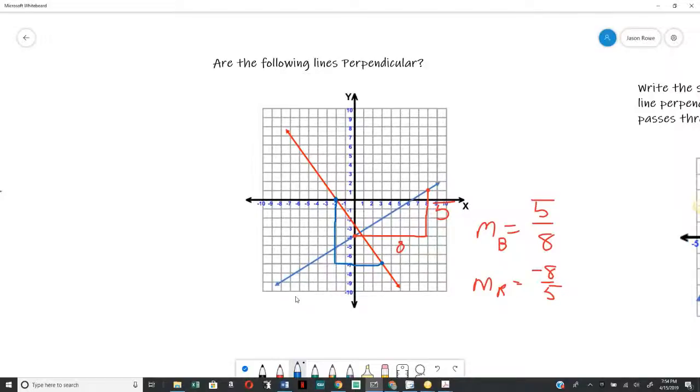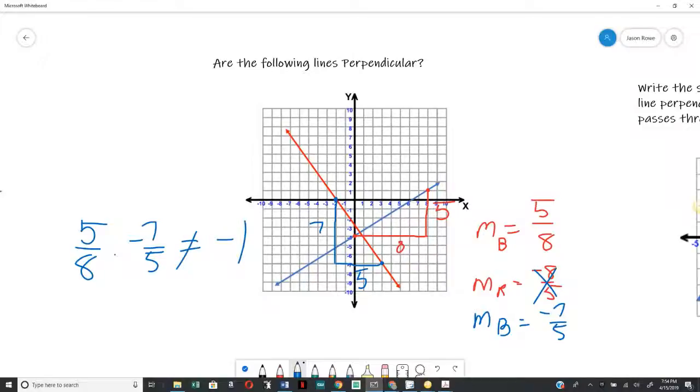Well, the rise is 7. And the run is 1, 2, 3, 4, 5. So the slope of the red line is -7/5, not -8/5. So since 5/8 times -7/5 does not equal -1, these are not perpendicular.